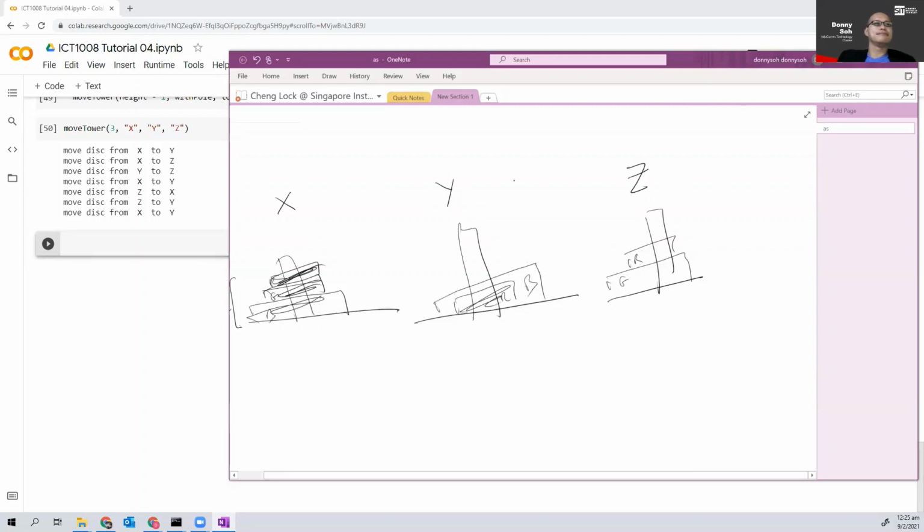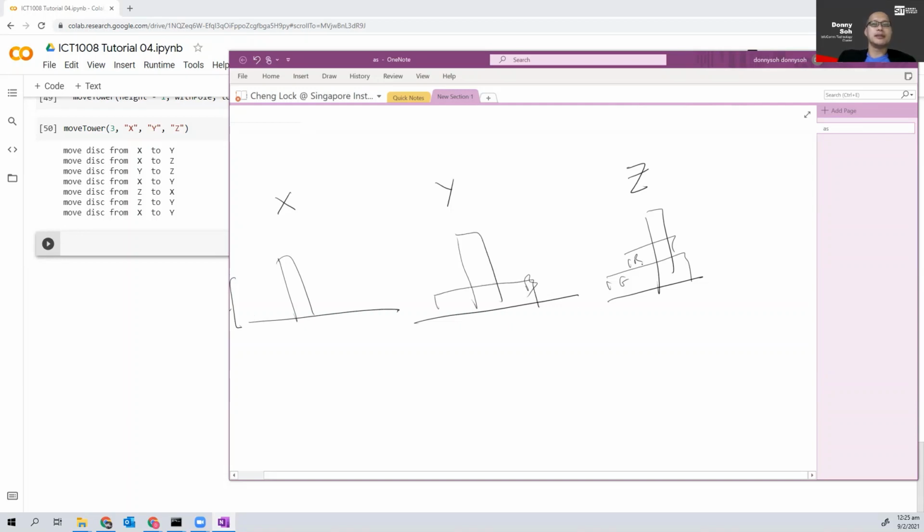This is B. Okay, so my bottom disk is in the right position already.